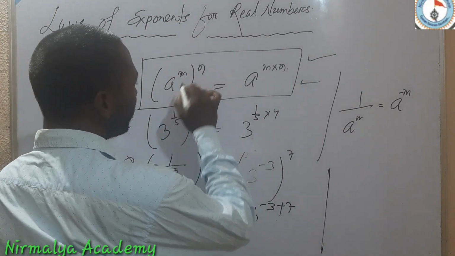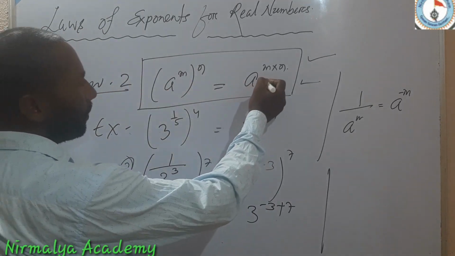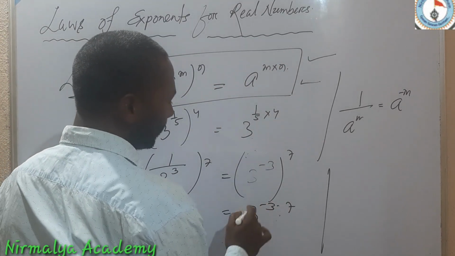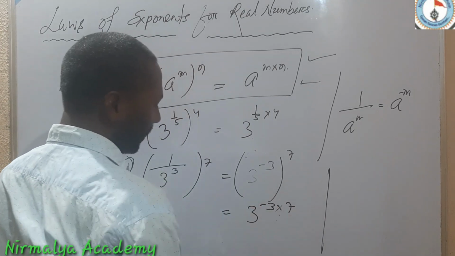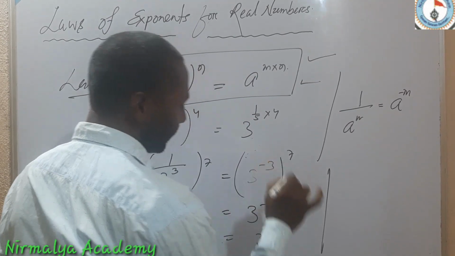The second law is a to the power m whole to the power n equals a to the power m into n. Therefore 3 to the power minus 3 into 7 equals 3 to the power minus 21.